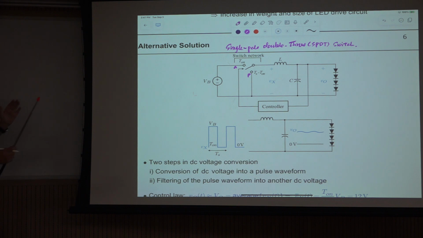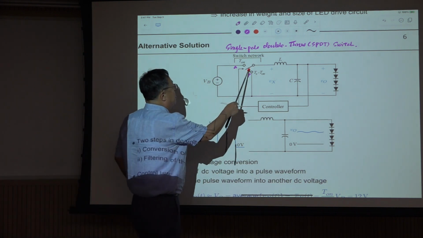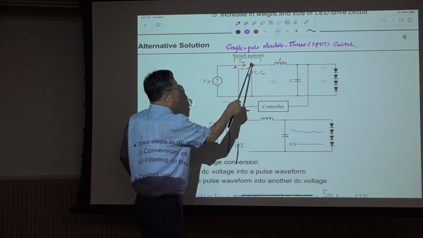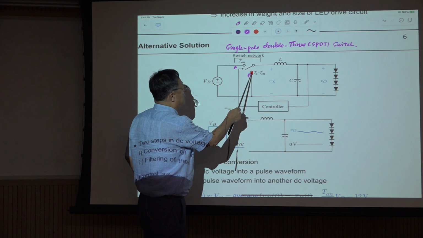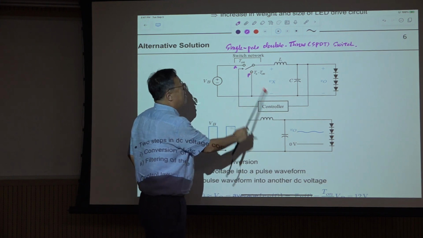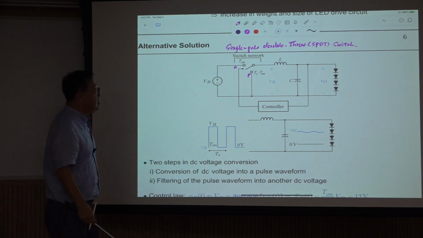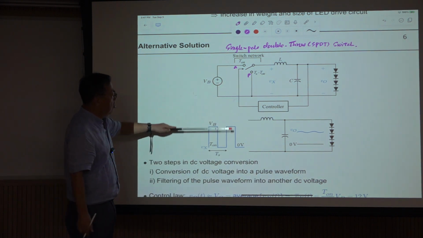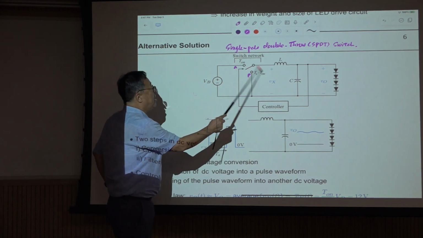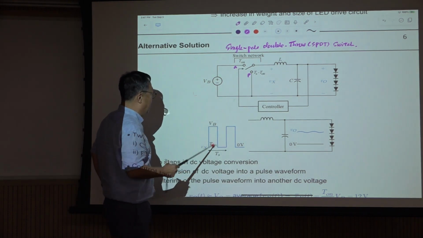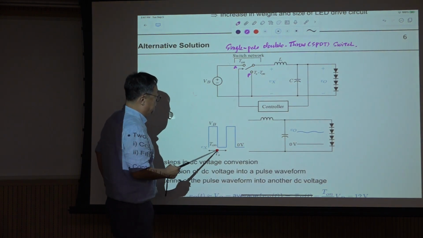During the fixed switching period T_S, the switch is connected to port A for T_on, and connected to P for the remaining part. So the voltage here, V_x, is something like this. When the switch is connected to A, V_x is the same as V_B. When the switch is connected to the passive terminal, it becomes 0.